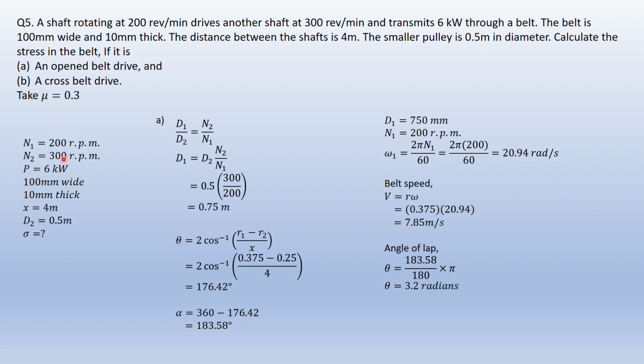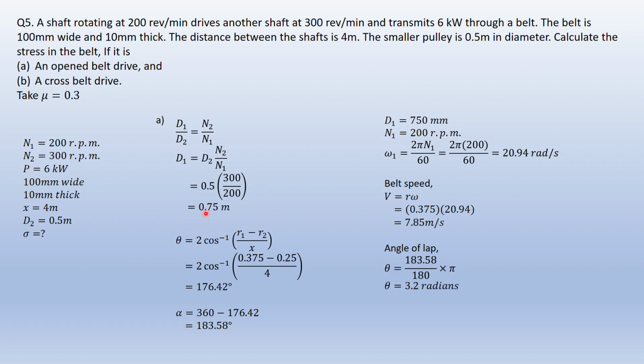So N1 is 200, N2 is 300, power is 6 kilowatt, the belt is 100 mm wide and 10 mm thick. X is 4 meters. The diameter D2 is the smaller pulley here, 0.5 meter, and we have to work out the stress for both case A and B. So based on the speed ratio between diameter and speed here, this is correct, 1 to 2, and this side should be 2 to 1, because it is always inversely proportional.